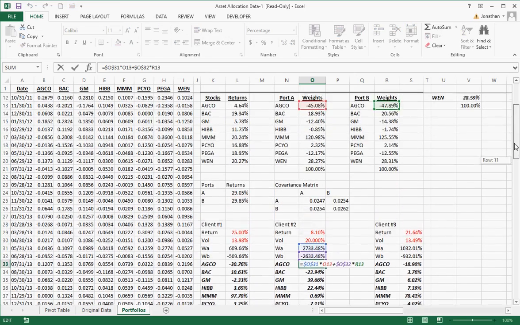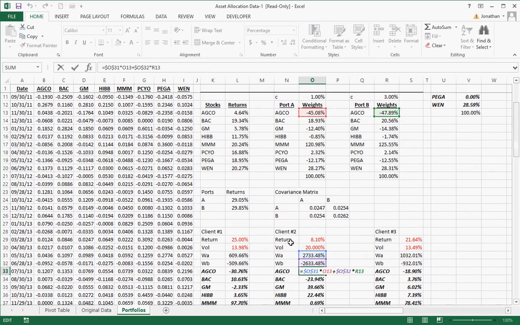and I've done the same thing here to get the weights of AGCO. It's the weight in portfolio B, weight in portfolio A times the weight of AGCO in portfolio A, etc. So this weight comes from solving the quadratic equation.